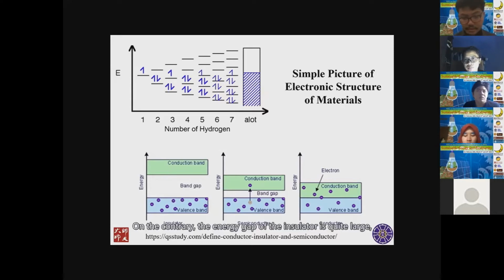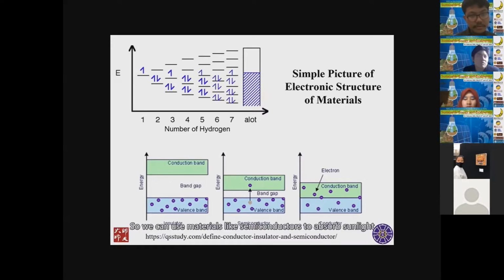On the contrary, the energy gap of an insulator is quite large, so it is difficult to conduct electricity, and the energy gap of a semiconductor is between the conductor and the insulator.